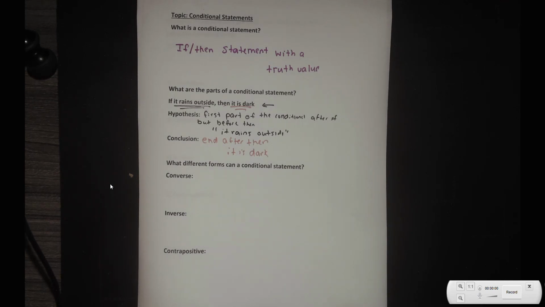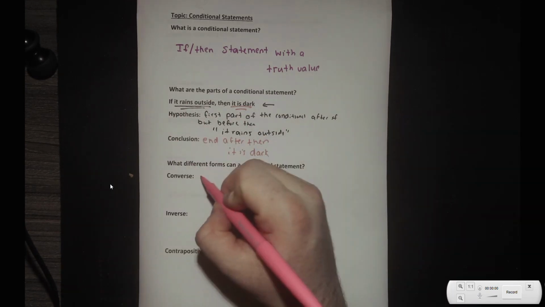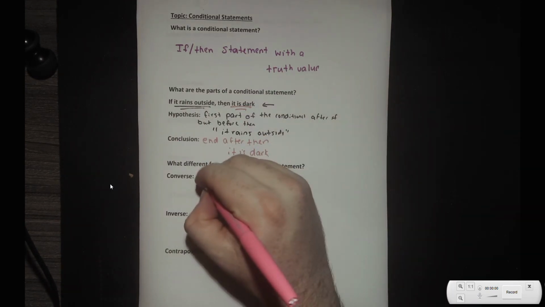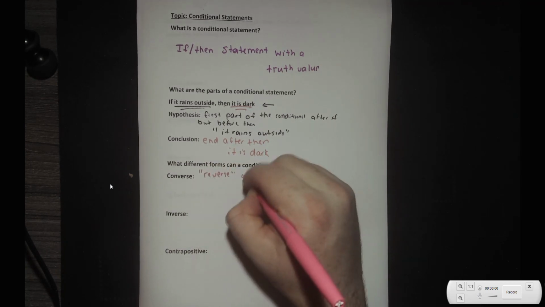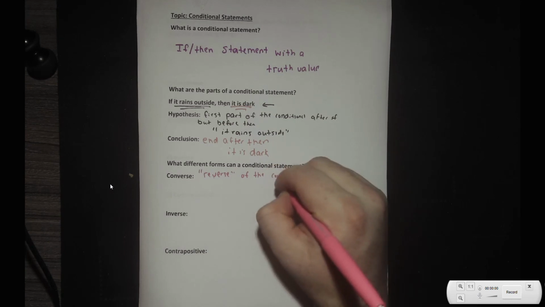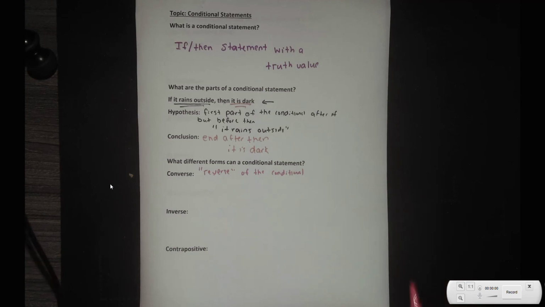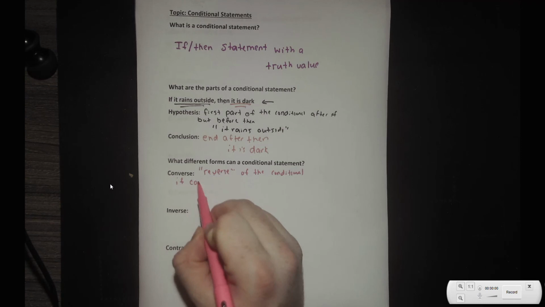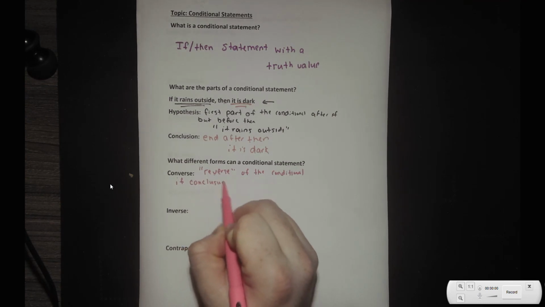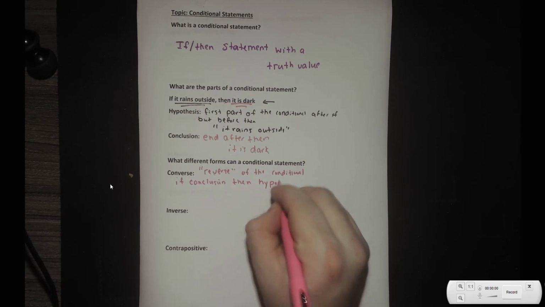Now, when you have this, you have different types of possibilities we can do with this conditional statement. The first is a converse, and the converse is basically the reverse of the conditional. So essentially it becomes if conclusion then hypothesis.